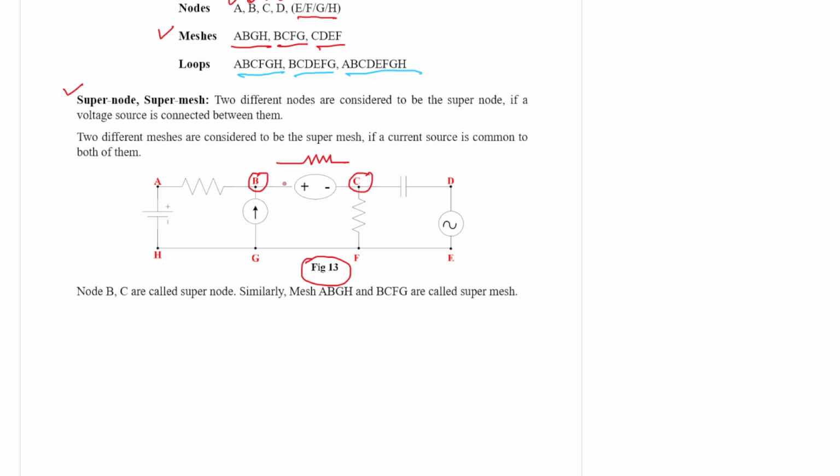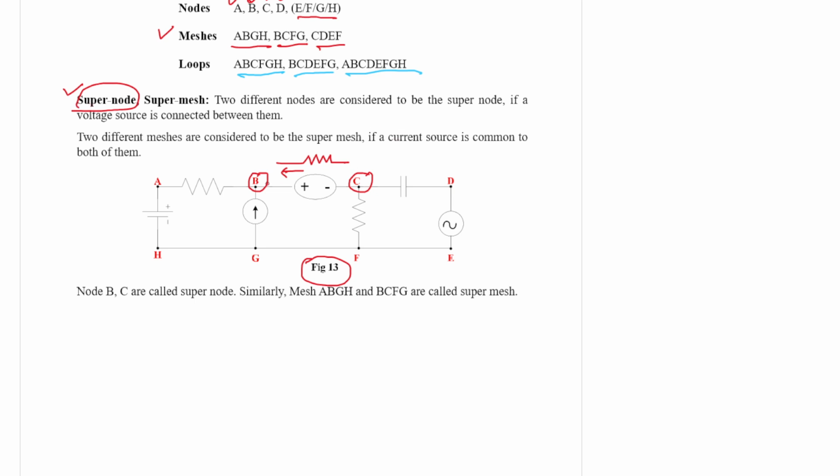In simple terms, you cannot evaluate the current flowing through this voltage source. So B and C are considered to be a single node, and it is called a supernode.